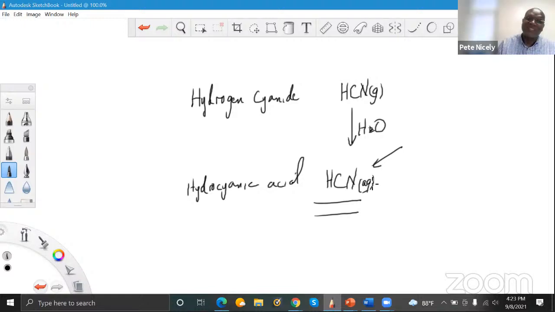So what IUPAC decided was that this would be treated like a binary acid, where the name starts with hydro, then you have the stem of the name of the carbon and nitrogen combination, which is called the cyano group. So you have the cyan here, which indicates the presence of CN, and then ic acid would be the rest of the name of this acid. So that's a kind of unique situation in terms of naming that particular acid.